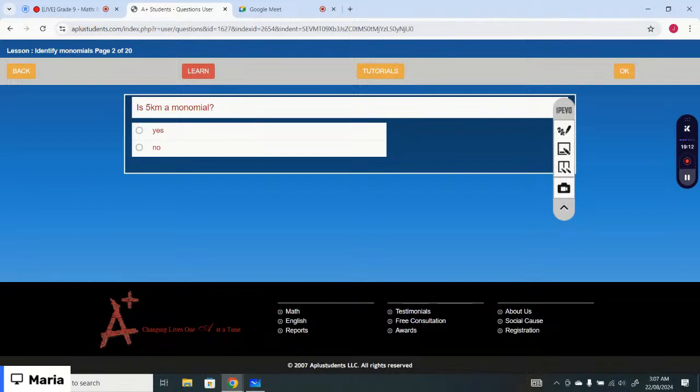So a product of variables and numbers is a monomial. So the correct option is yes.